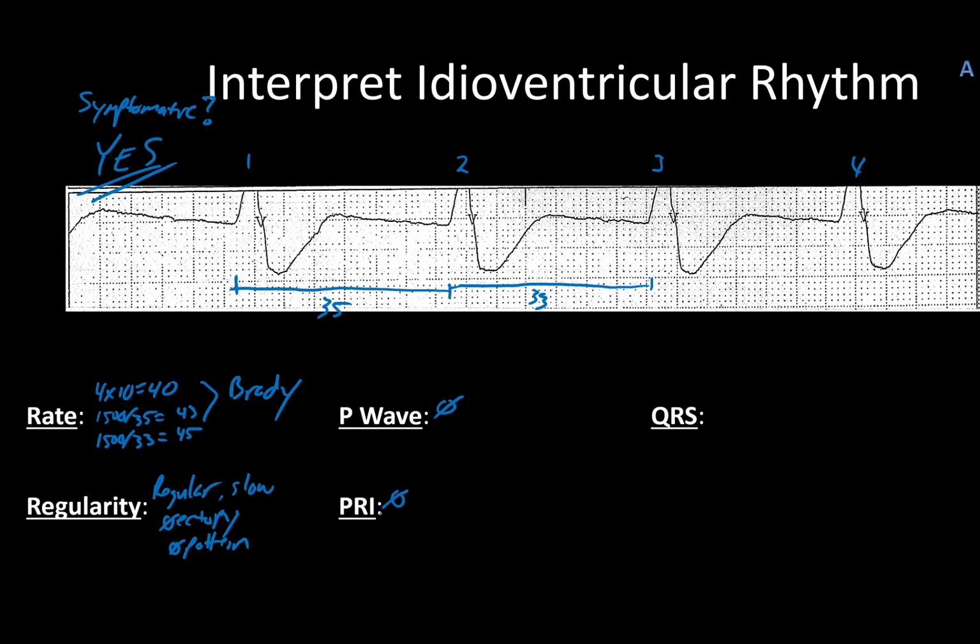All right, now I don't have anything that looks like a P wave, so I'm not going to be able to do a PRI. In terms of the QRS, I can say that they are uniform. I've got an RS pattern. My T wave is inverse, from what I can make of it. And we are wide. How wide is wide?